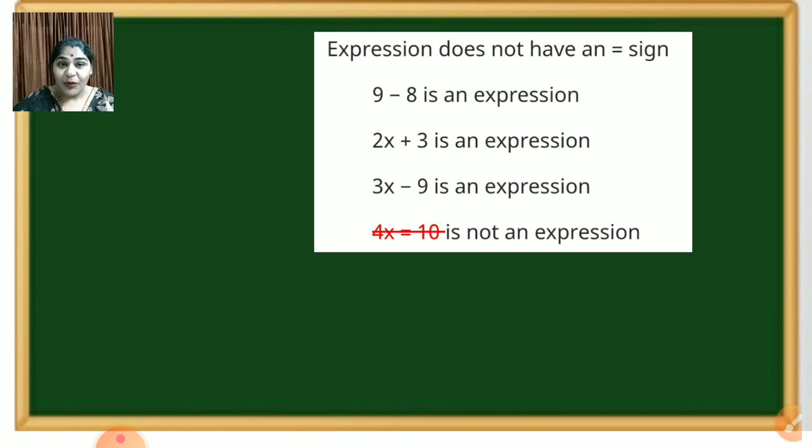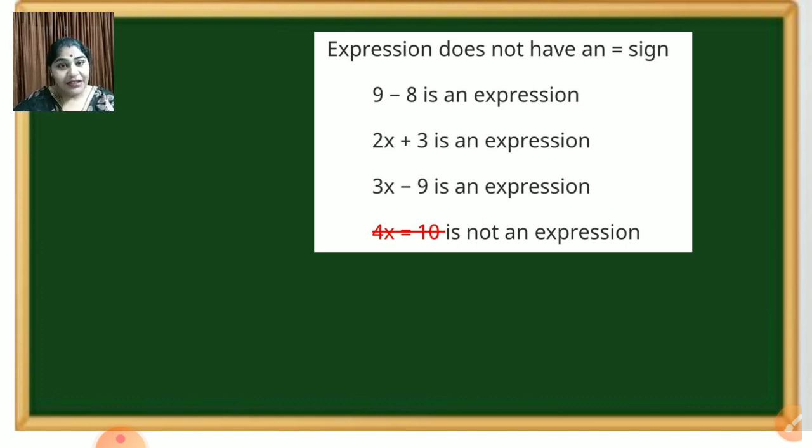Now one more thing, keep it in mind, children: expressions do not have an equal to sign. Like 9 minus 8 is an expression, 2x plus 3 is an expression, 3x minus 9 is also an expression. When you write 4x is equal to 10, it is not an expression. So what is it called?